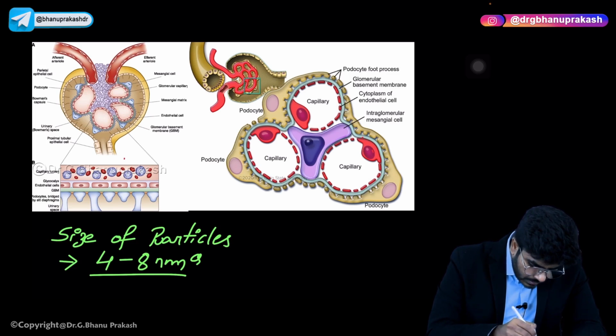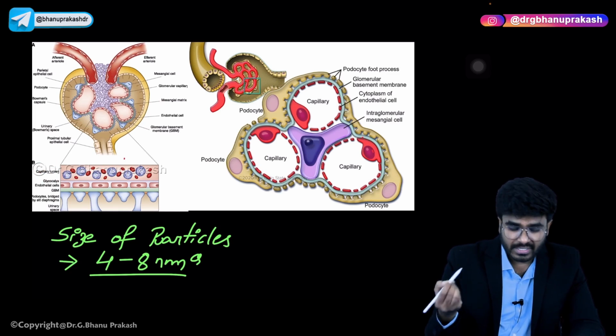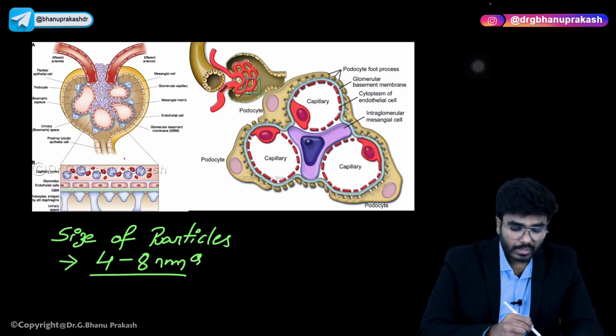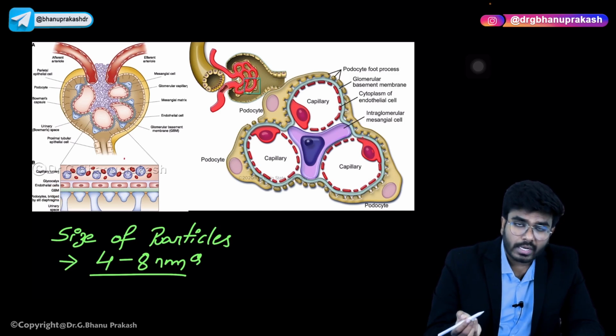Now if I zoom it out, see, this is the endothelial layer, the topmost. Here is the blood. This is the capillary lumen, and in the capillary lumen, blood, plasma and blood cells are there. The first layer is the endothelial layer. Below the endothelial layer, you have this green color layer which is the glomerular basement membrane. GBM means glomerular basement membrane.